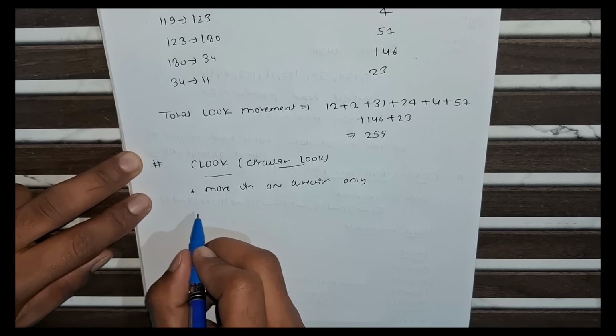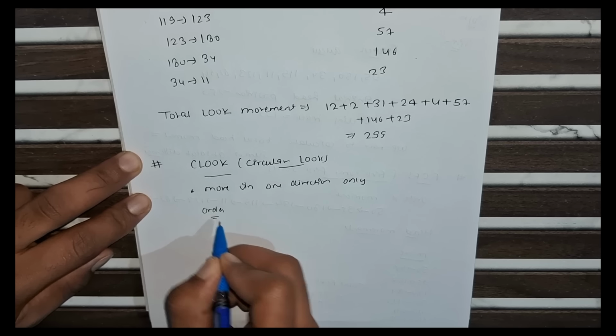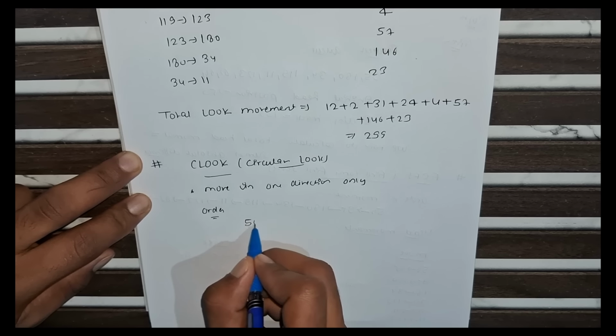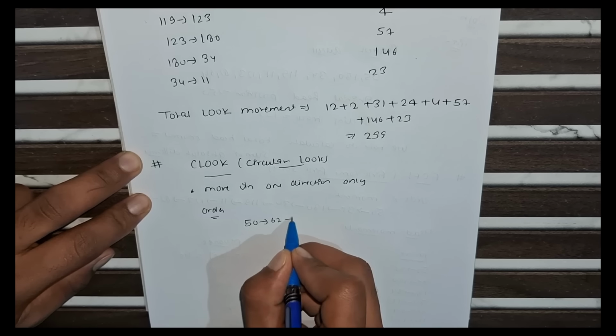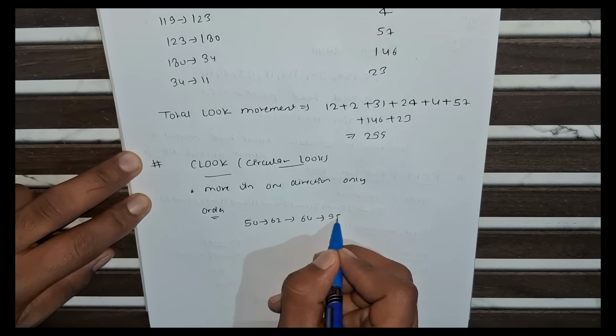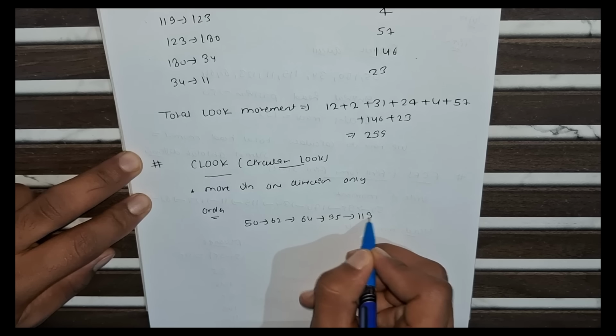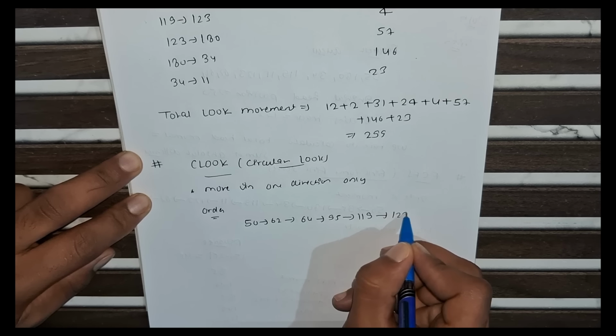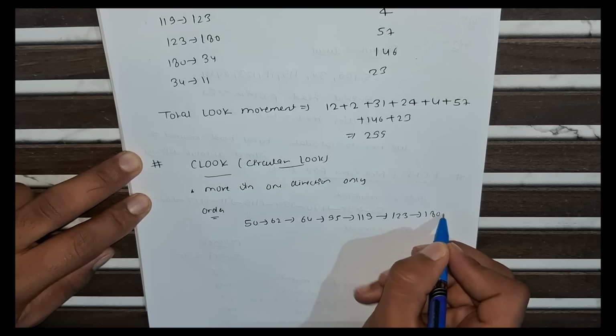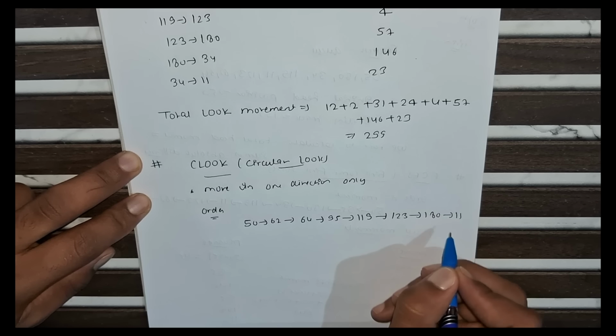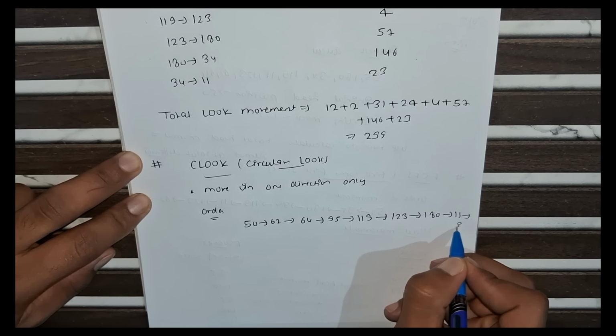What is the order? The order is 50 to 62, 62 to 64, 64 to 95, 95 to 119, 119 to 123, 123 to 180, 180 to 11, and 11 to 34.